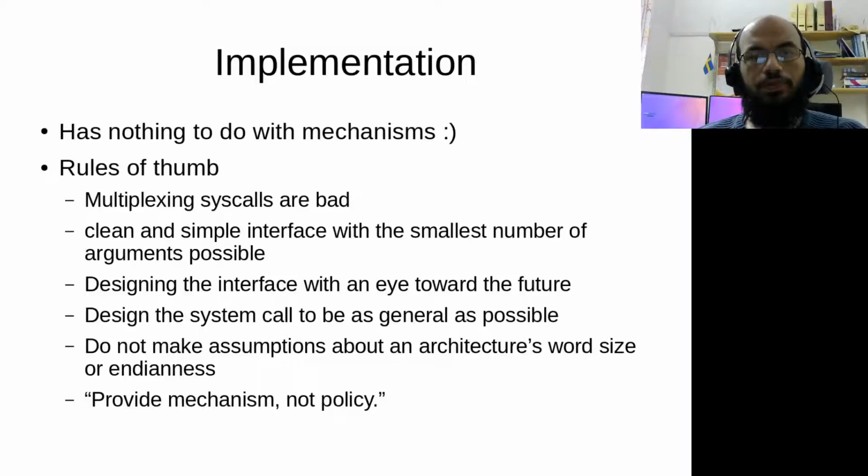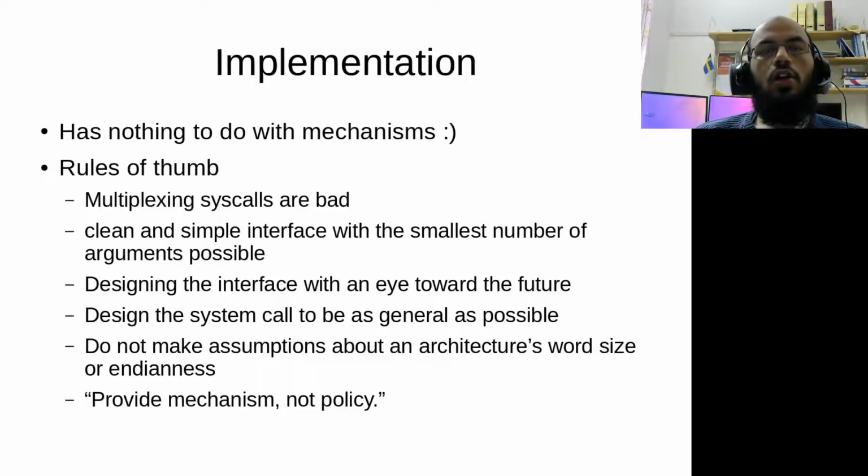Think about it: you need clean and simple interfaces, because this is something that people will use and need to understand. The more complex you make it, the much worse the experience of system level programmers will be when using it.